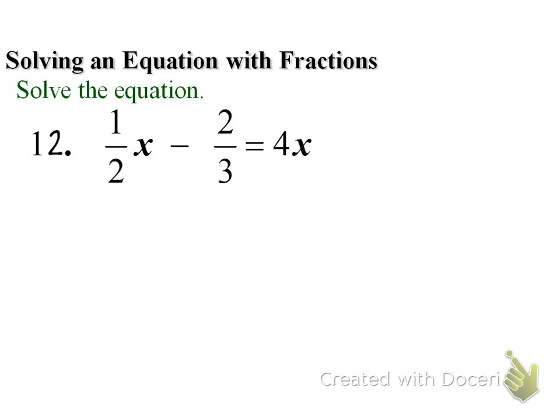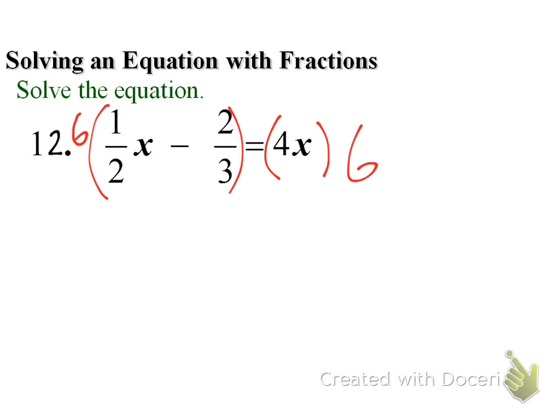This is another example with fractions where you can do it multiple ways. Anyone have any ideas? Let's just get rid of the fractions. How would I do that? Multiply everything by 6. Good. If you're not sure what to multiply by, it's whatever would be your least common denominator. So here we're going to multiply everything by 6.